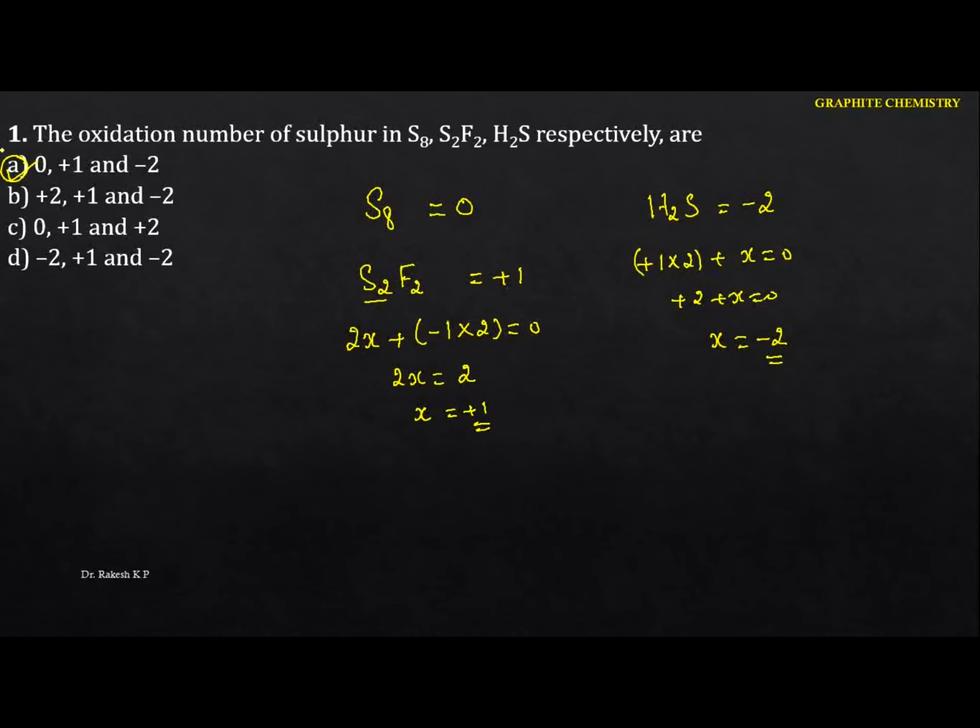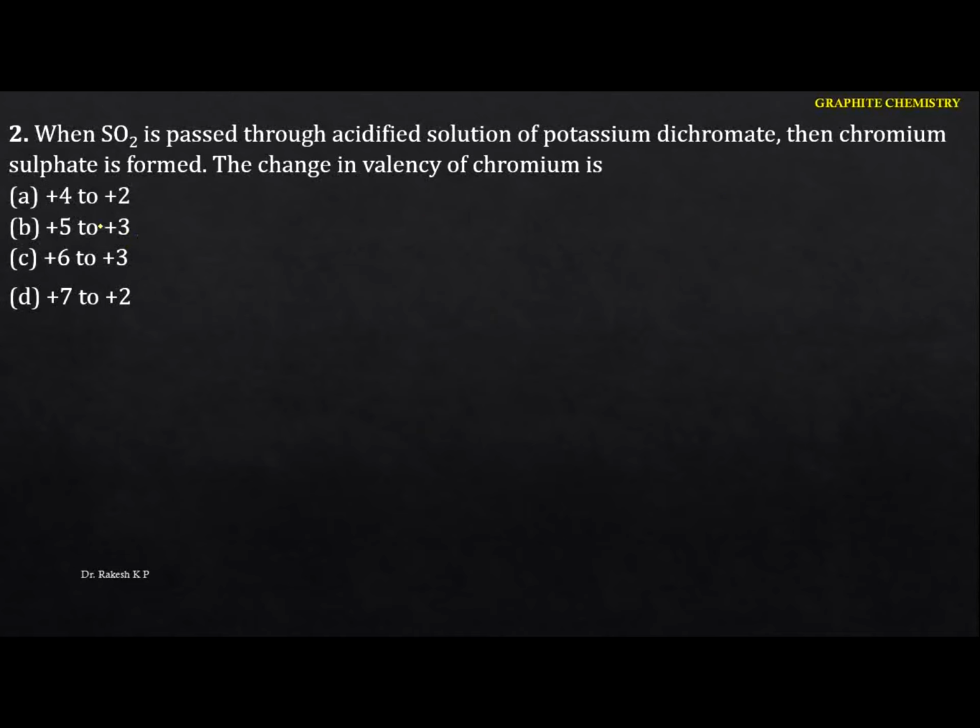Okay, next one. When sulfur dioxide is passed through an acidified solution of potassium dichromate, chromium sulfate is formed. The change in valency of the chromium is, okay, let me write the reaction here. We know potassium dichromate acts as the oxidizing agent. This is K2Cr2O7 plus sulfur dioxide.